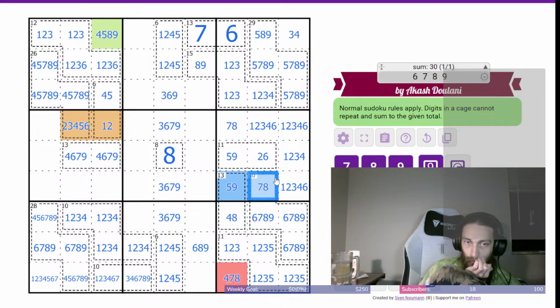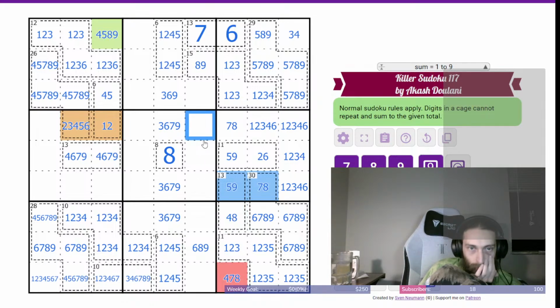If that's 4, then those two are the same, and it doesn't matter.